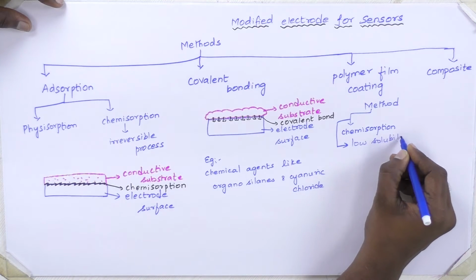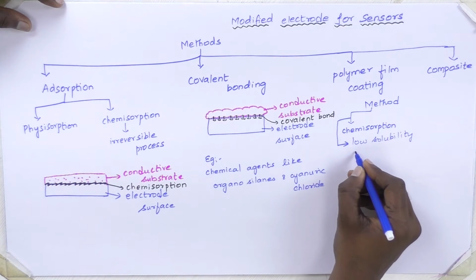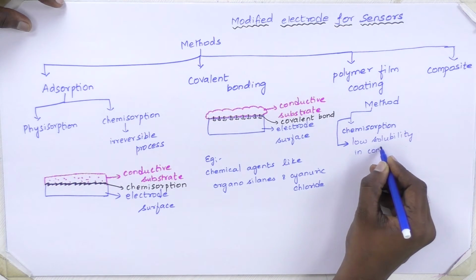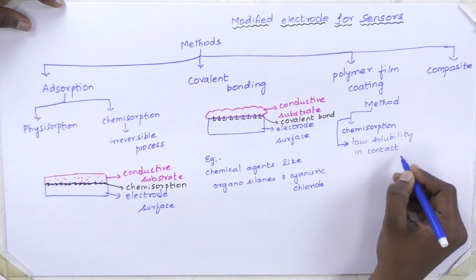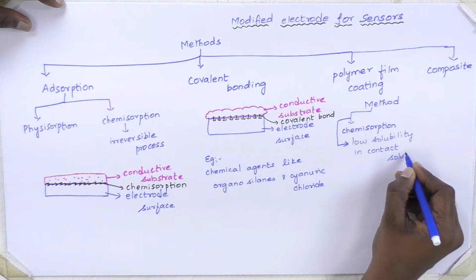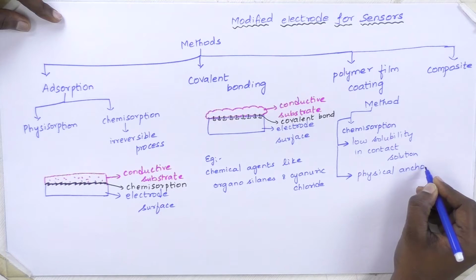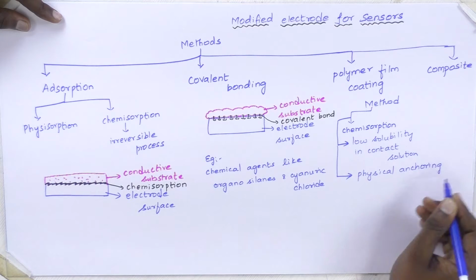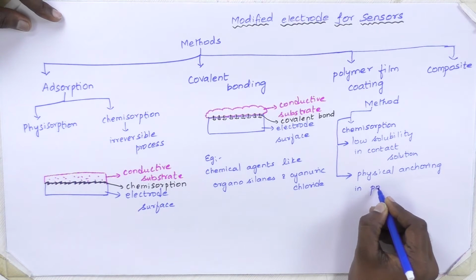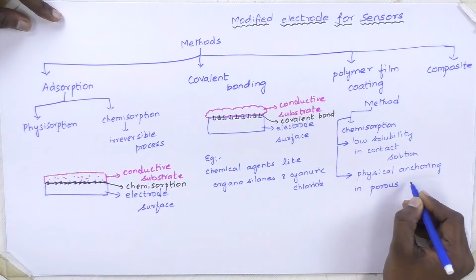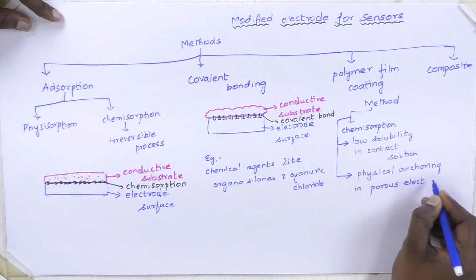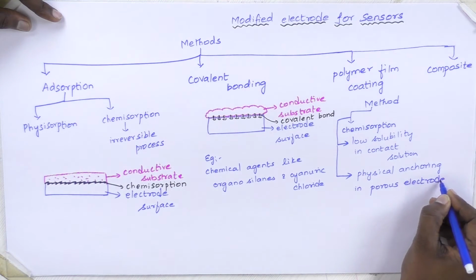The next one is that the polymer film is coated on the electrode surface by low solubility in contact solution. The third is that the polymer is coated on the electrode surface by physical anchoring in a porous electrode.